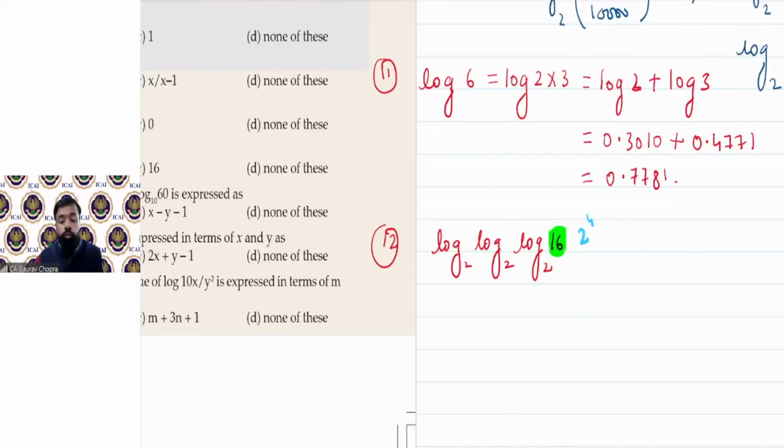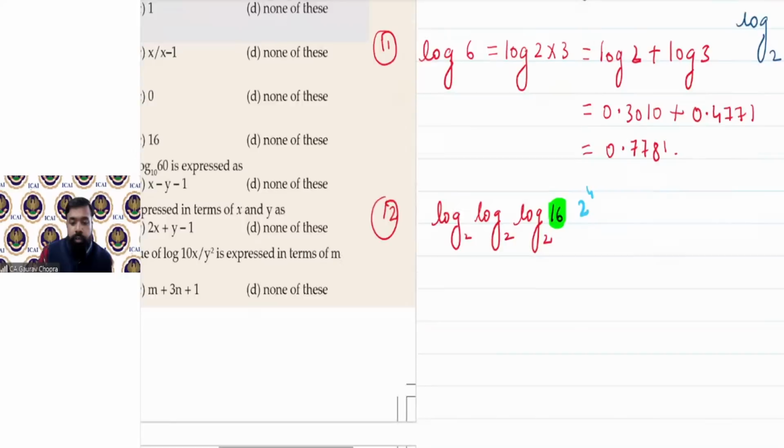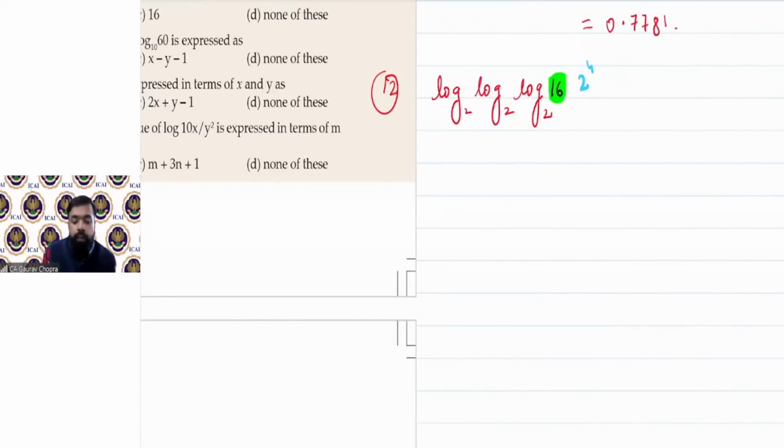Applying this property, the power will come forward. So we can write this as log base 2, log base 2, and this 4 will come forward. So what is left? Log 2 base 2, which is basically 1.